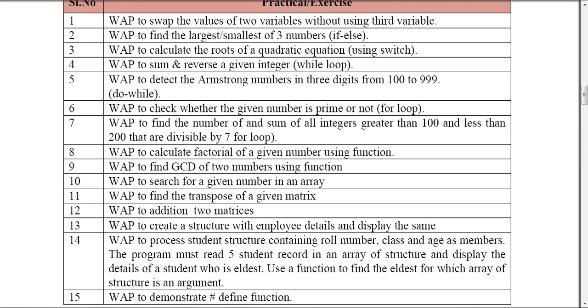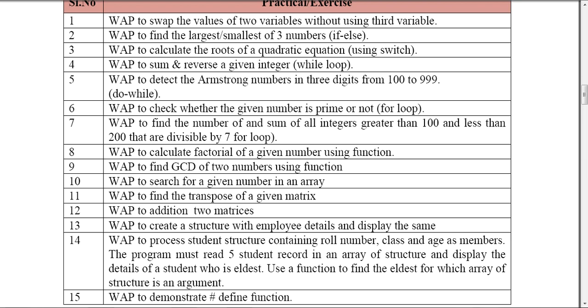Then we have seventh experiment to find the number and sum of all integers greater than 100 and less than 200 that are divisible by 7 using for loop.